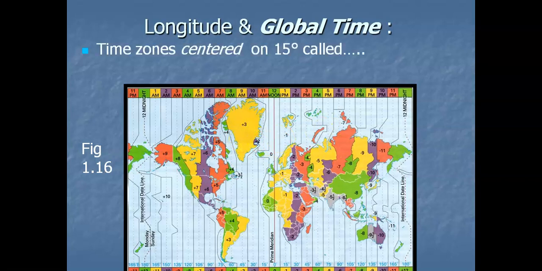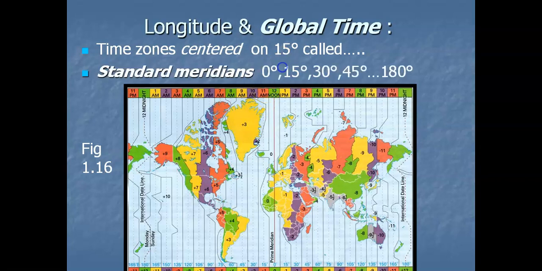As it turns out, world time zones are centered on lines of longitude in increments of 15 degrees. These are special lines of longitude, and again, special lines of latitude and longitude are given names.